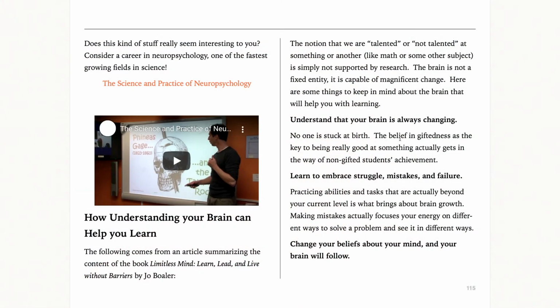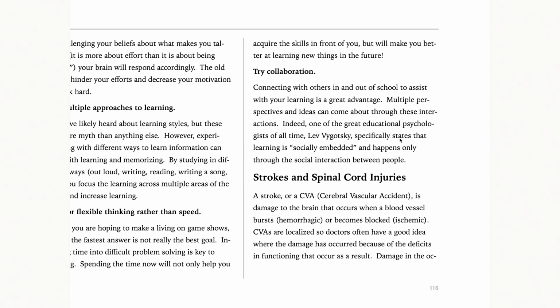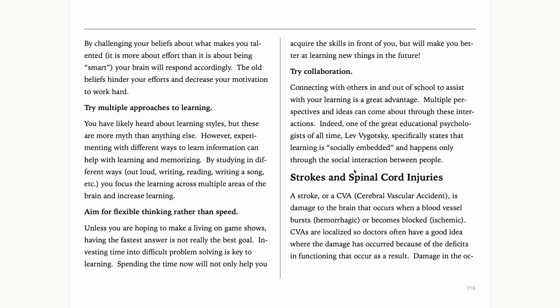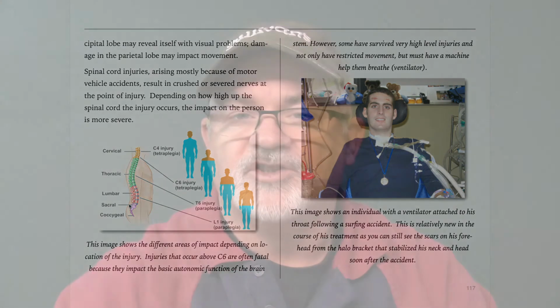So we enter into the part of the class here, and there's a bunch of stuff about the brain and learning. Read all that. That's extra information. And then spinal cord injuries and how they affect our mobility, depending on where the injuries occur.